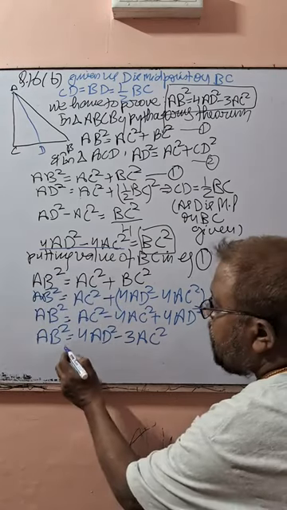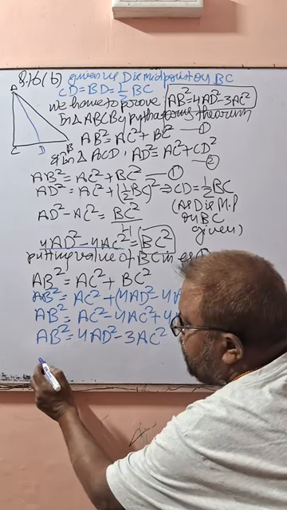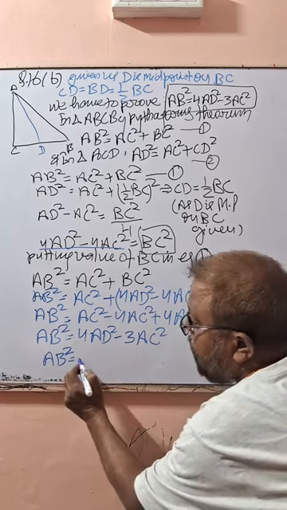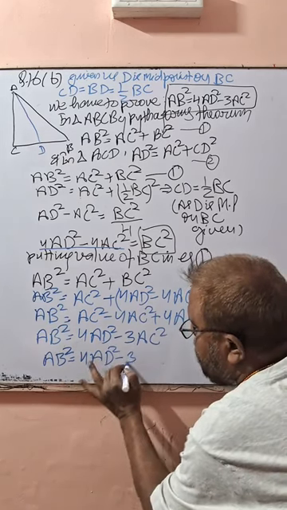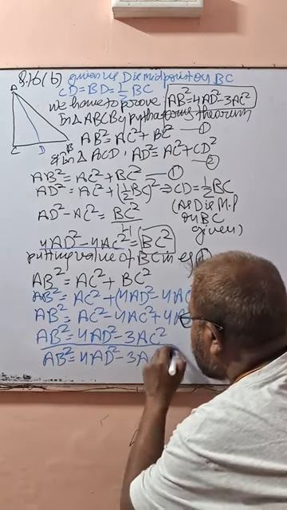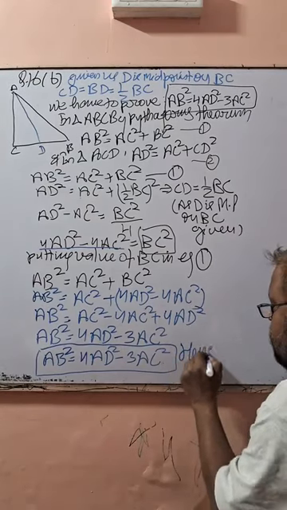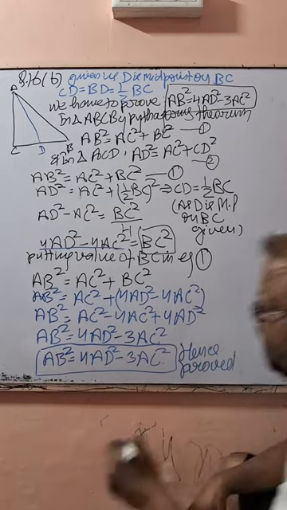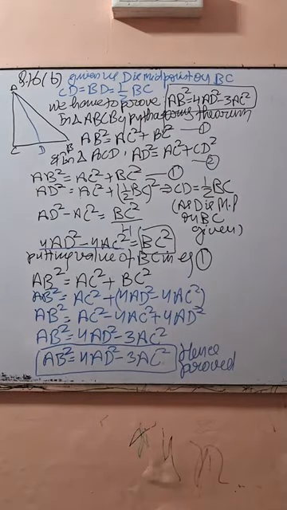So we get this. Hence AB square is equal to 4AD square minus 3AC square. Hence proved. This much we have. This is question number 16. So thank you.